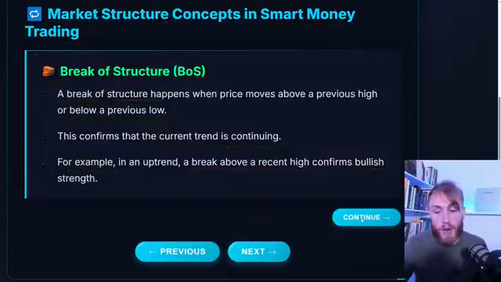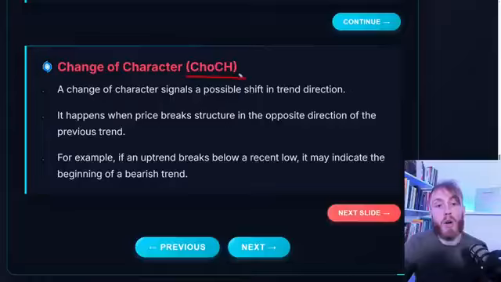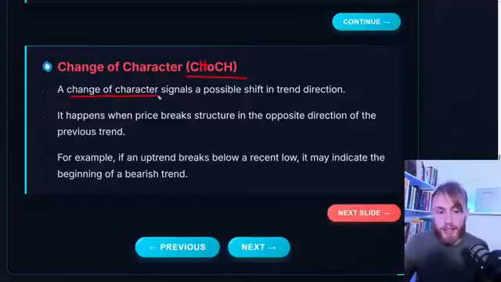But here we also have another important concept, and that is change of character, or for short, CHoCH. And it should be a capital H right here. You usually write it like that. And here, a change of character signals a possible shift in trend direction, or in other words, a potential reversal.